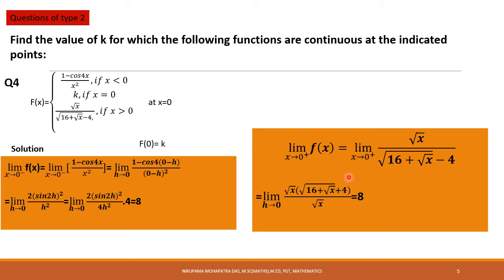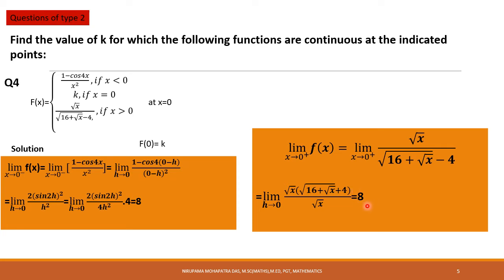By doing this, the denominator becomes 16 plus root x minus 16, that is equal to root x, and the numerator is in front of you. So this root x and this root x cancel out, so you are getting 4 plus 0, under root of 4 plus 0, then plus 4, you are getting 8.